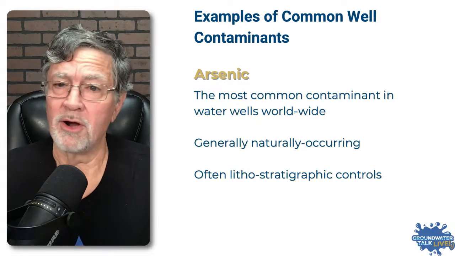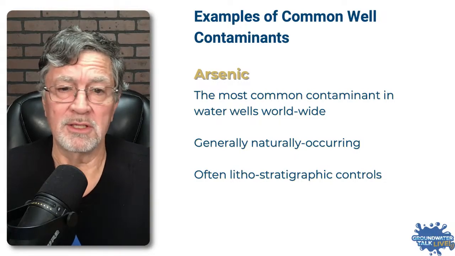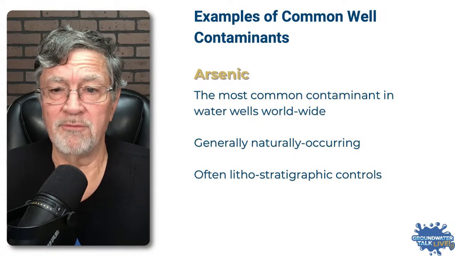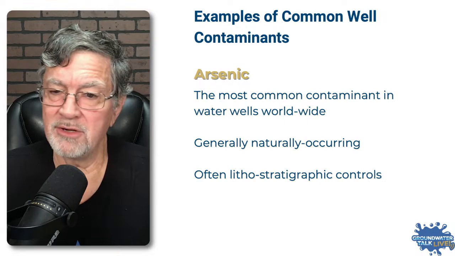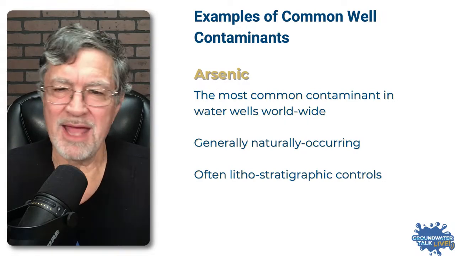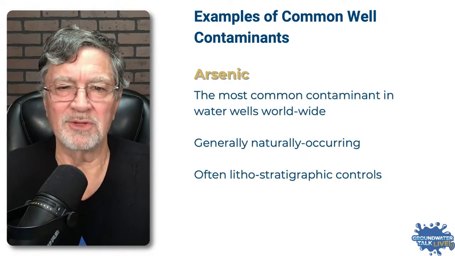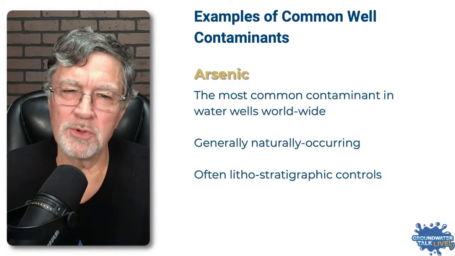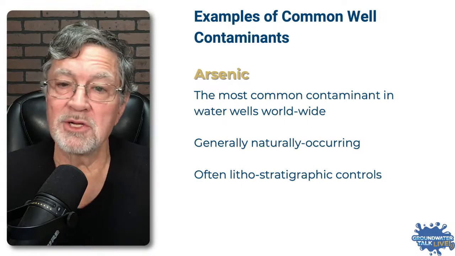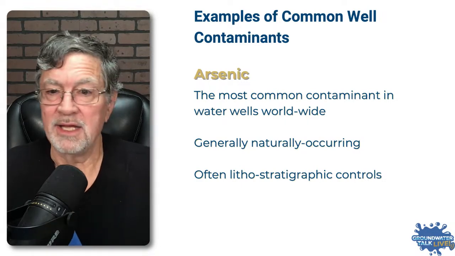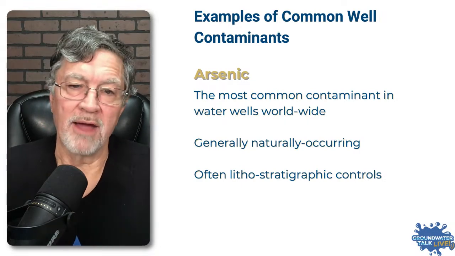As a matter of fact, in California, arsenic is the number one contaminant of water supply wells. It's generally naturally occurring. There can be anthropogenic arsenic out there, but in 99% of the cases it's going to be naturally occurring. And it often has lithostratigraphic controls.